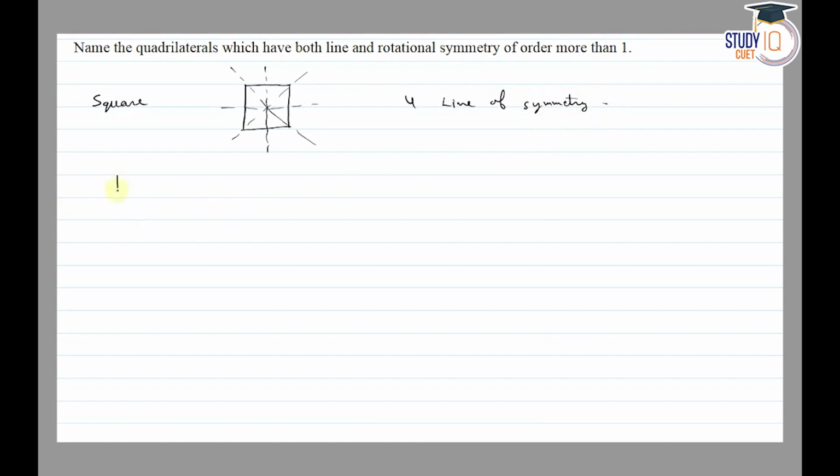and इसे हम इस पॉइंट से रोटेट करेंगे अबाउट सेंटर 90 डिग्री.